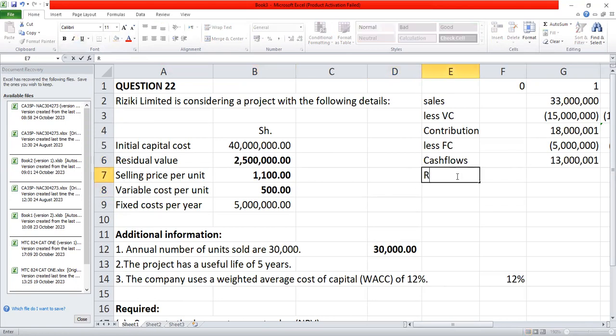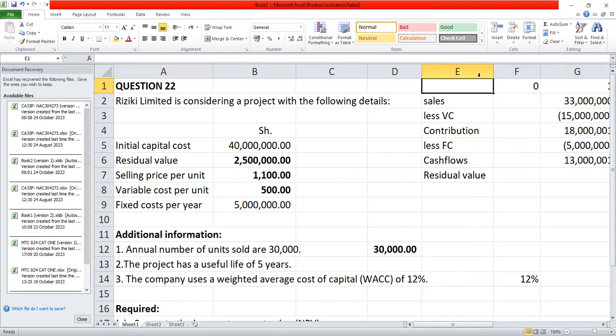So we had residual value. This residual value, we are going to add it at the end, which was 2.5 million.